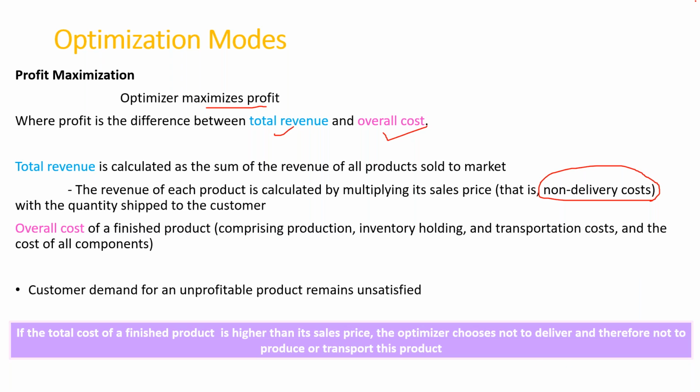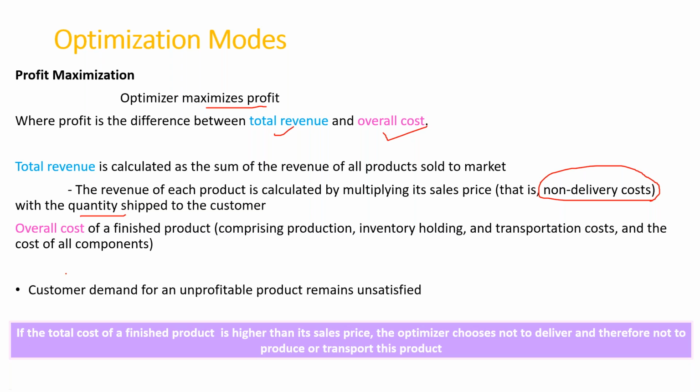So the sales price multiplied with the quantity gives you the revenue, but the sales price is the non-delivery cost, that means the cost that I incur if I don't deliver. If I don't sell one unit of product to Amazon, and the non-delivery cost is 900, that means I'll incur $900 if I don't give this product to the customer. So that is the non-delivery cost.